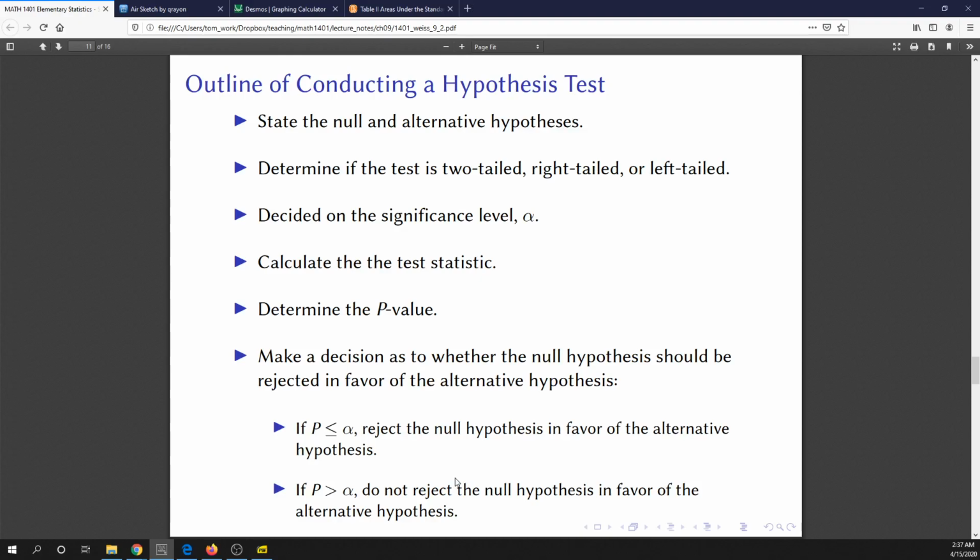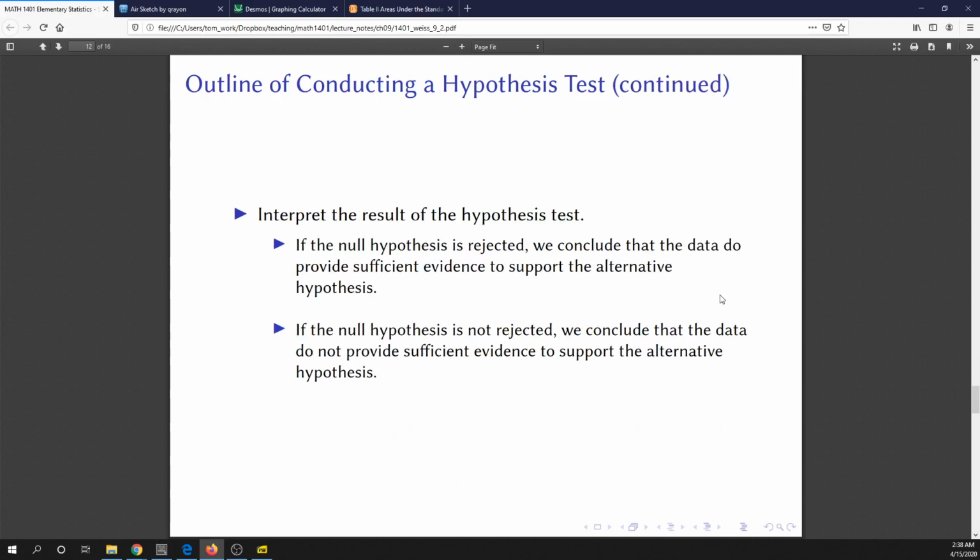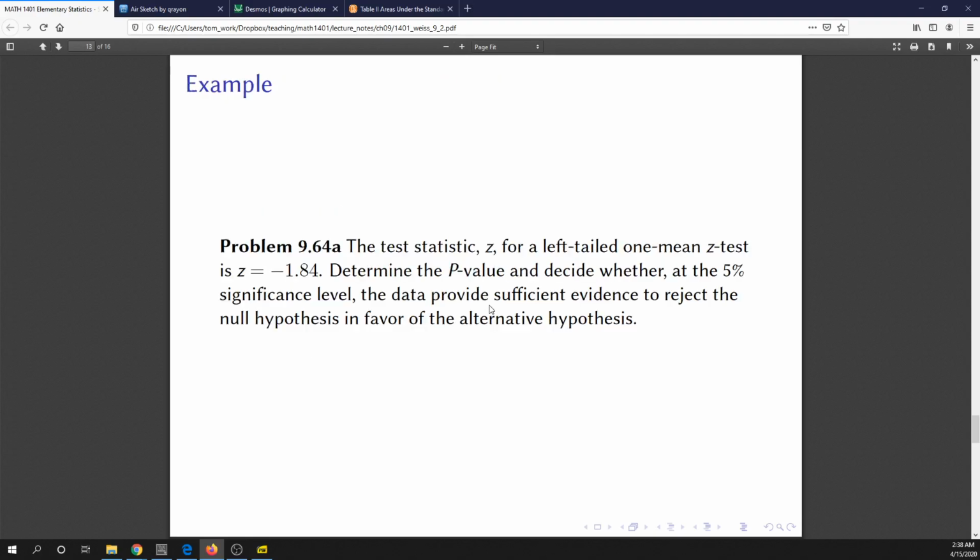Okay, so that is the process that we are going to run through. And then finally, interpret the results of the hypothesis test. You can just use these statements, based on whether you reject the null hypothesis or not. So that part is pretty straightforward.